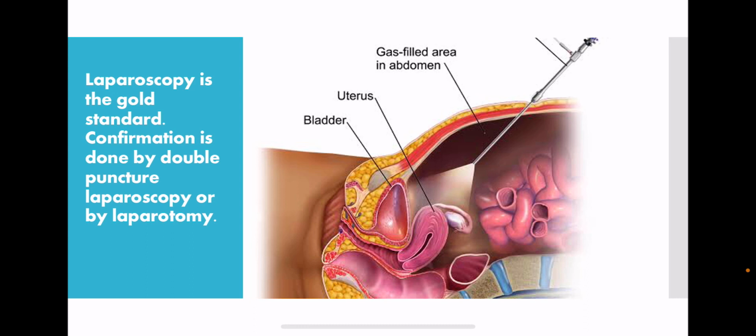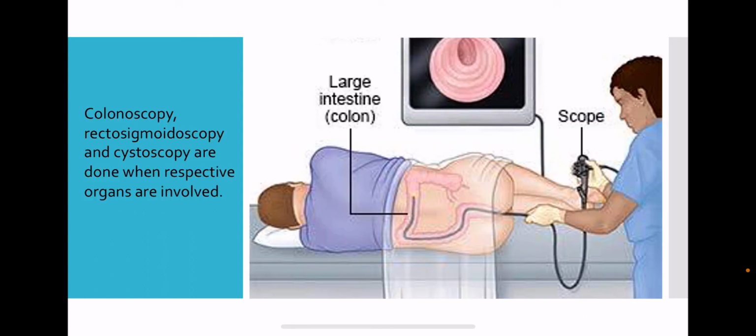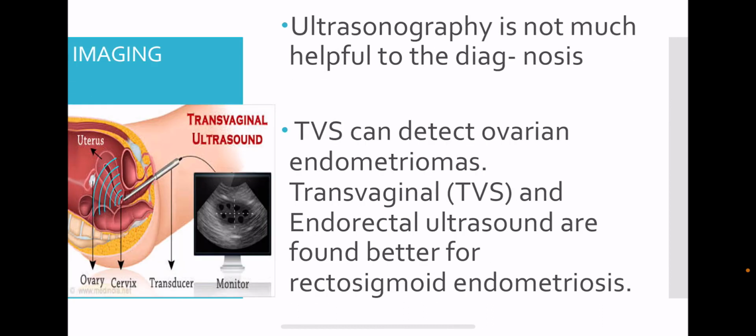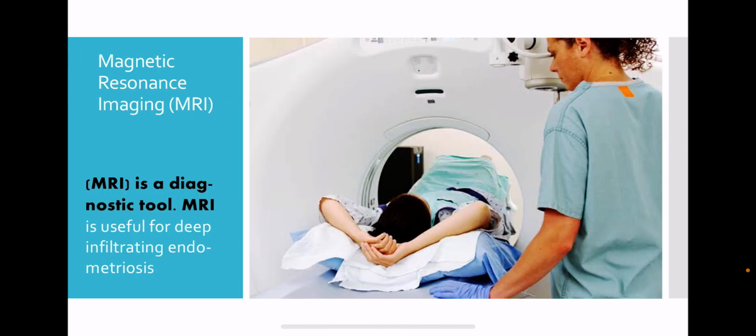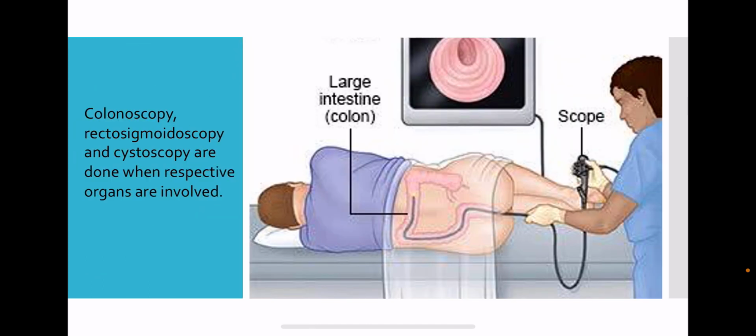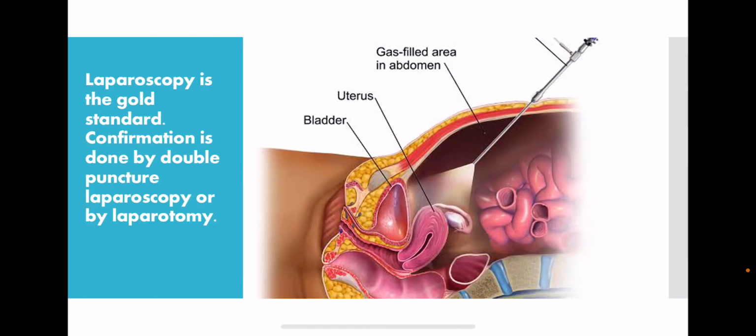Laparoscopy is the gold standard. Laparoscopy in endometriosis is the gold standard. So far we read the imaging techniques: TVS, transvaginal sonography, magnetic resonance imaging, CT scan, colonoscopy, rectosigmoidoscopy, cystoscopy. Now we come to laparoscopy. This is the gold standard.